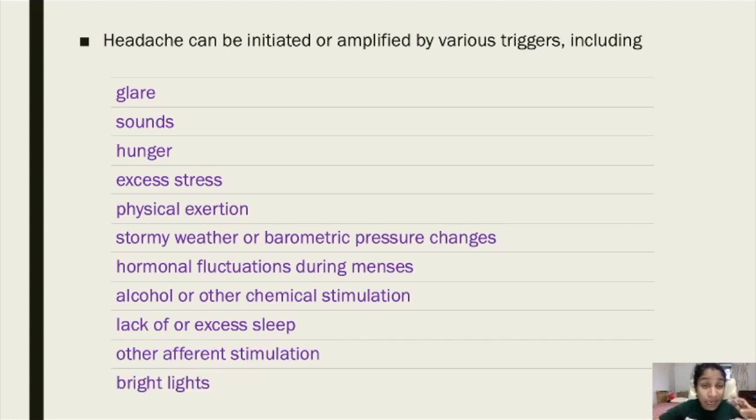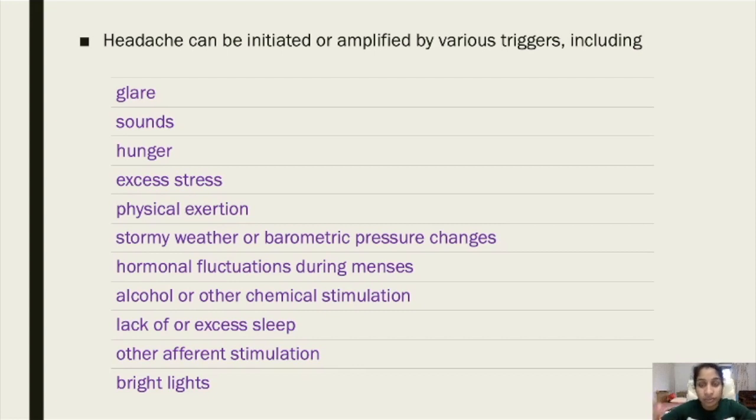And bright light: some people say that after driving at night they get migraine due to looking at bright lights, and some say that when they go out on a sunny day it becomes a trigger. These are some examples; there are a lot of other triggers too.